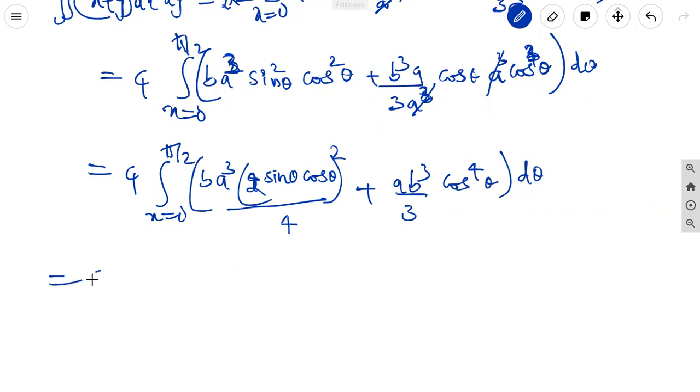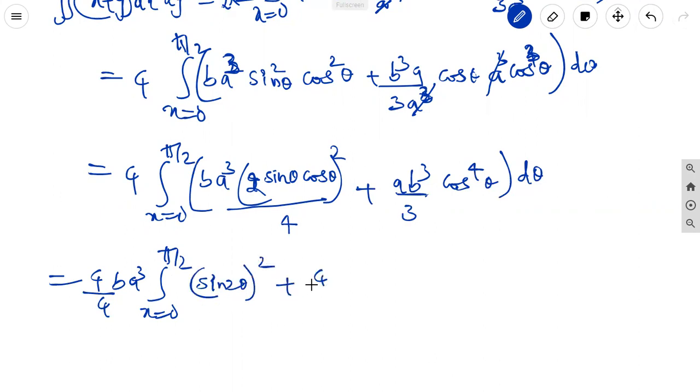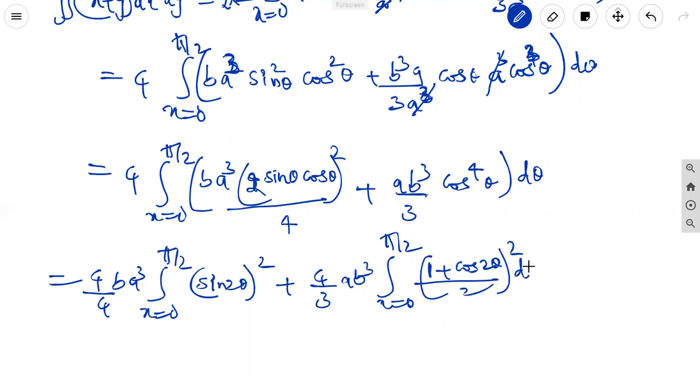That is b a cube integral from 0 to pi by 2 of sine 2 theta whole square, plus 4 by 3 a b cube integral from 0 to pi by 2 of cos square theta, that is 1 plus cos 2 theta by 2, whole square d theta.